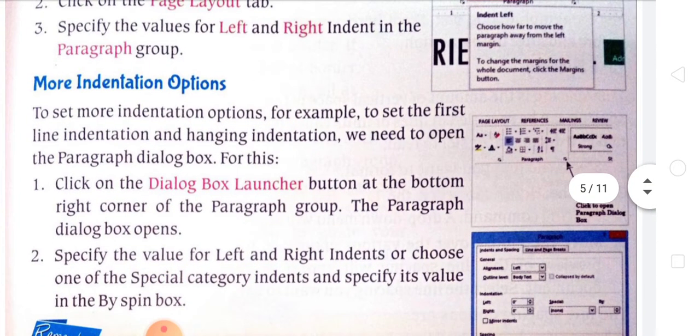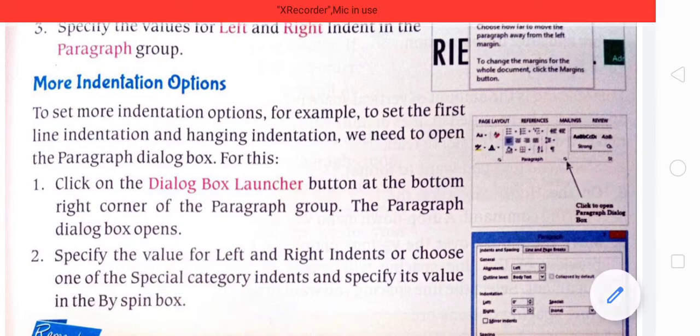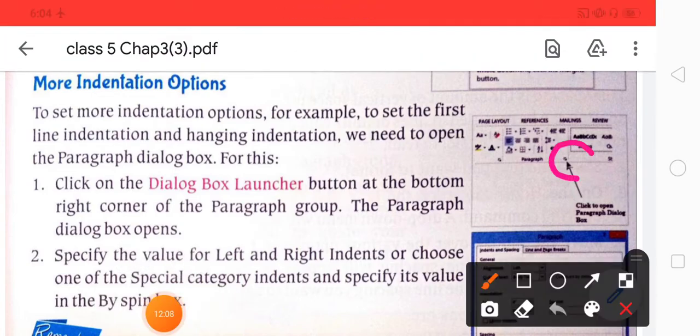In that part, you see a small dialog box appears. To set more indentation options, for example the first line indentation and hanging indentation, we need to open the paragraph dialog box. So click on the dialog box launcher. This one is the dialog box launcher.